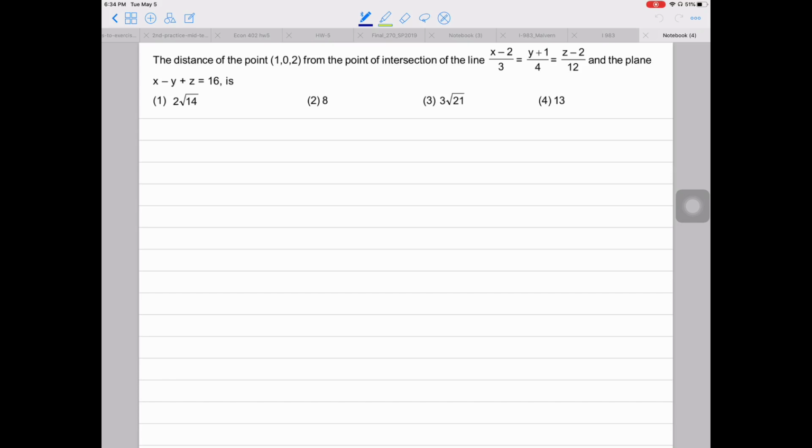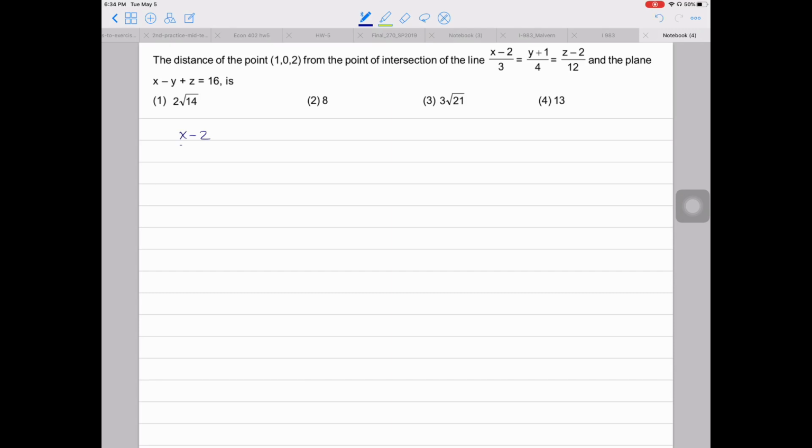The distance of the point (1, 0, 2) from the point of intersection of the line (x - 2)/3 = (y + 1)/4 = (z - 2)/12 and the plane x - y + z = 16 is. So first things first, we need to find the point of intersection between the line and the plane.